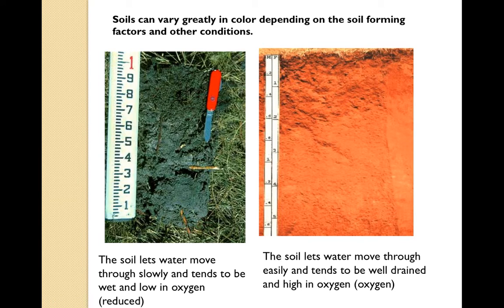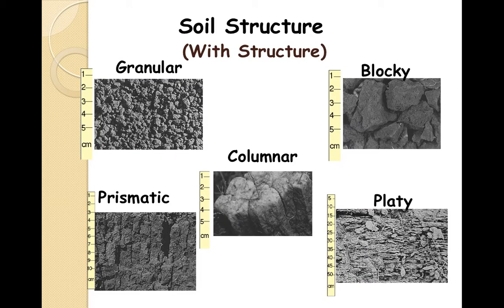Soils that vary greatly in color also indicate what kind of mineral composition they contain. Here we have two different soils. The real black colored soils tend to be rich in organic material. These red soils tend to be high in iron, so they have high oxidation levels.